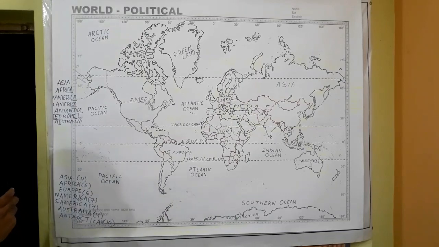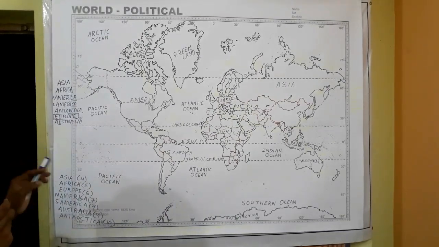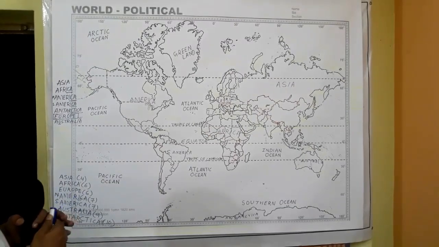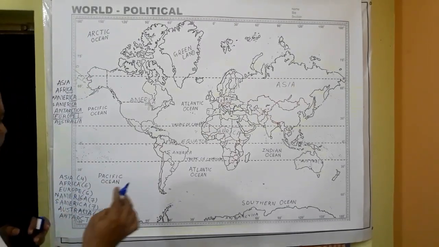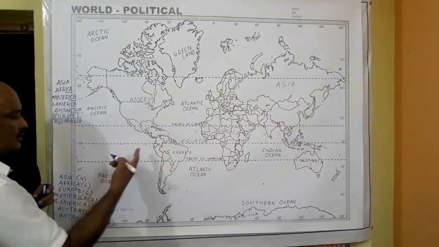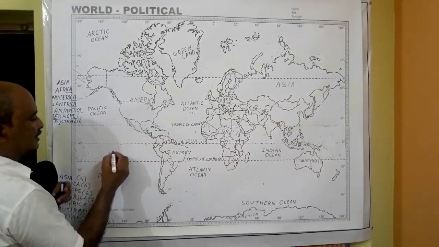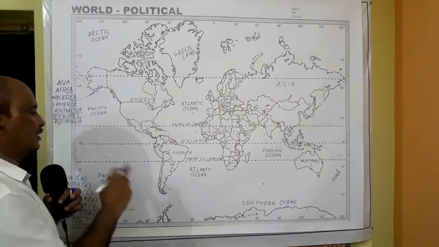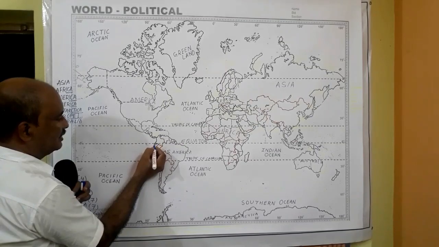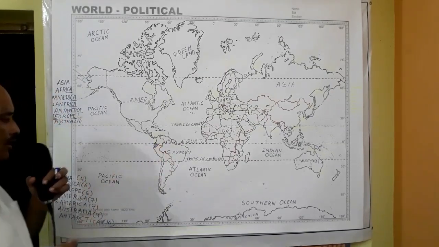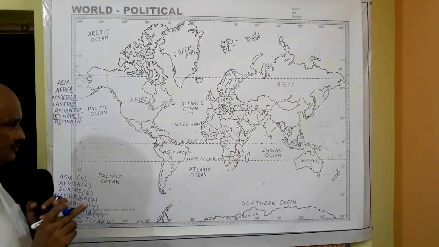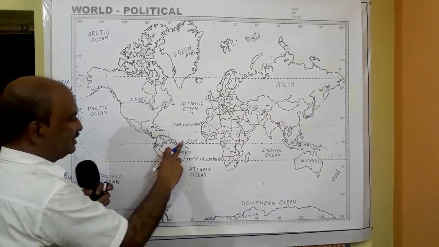Now let us learn about the equator and what countries it passes through. When it comes to the equator, you see there is a country in South America called Ecuador. So here we have in South America a country called Ecuador. Ecuador is exactly what equator means.